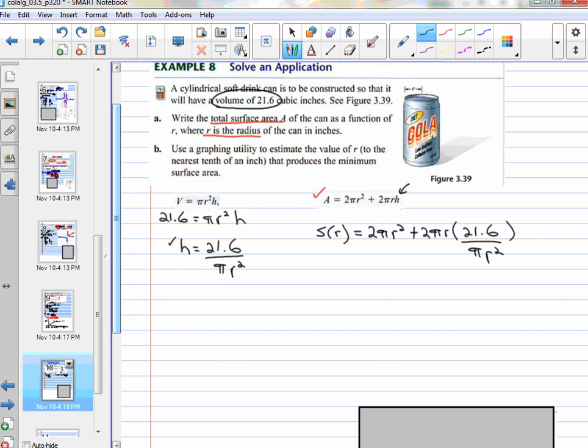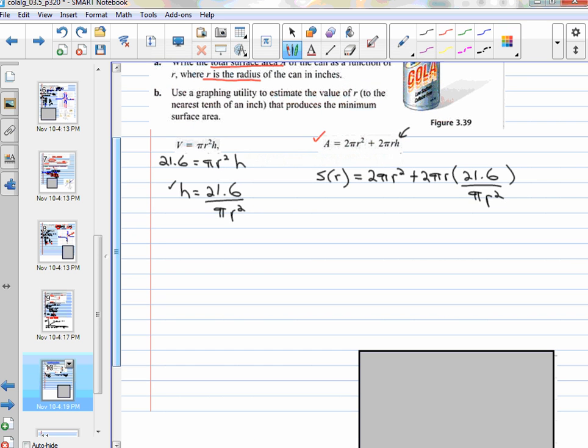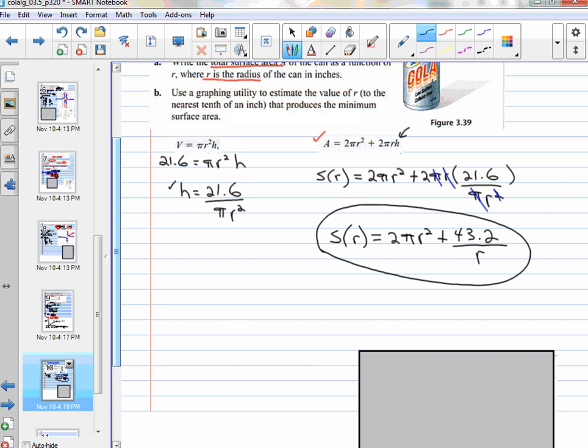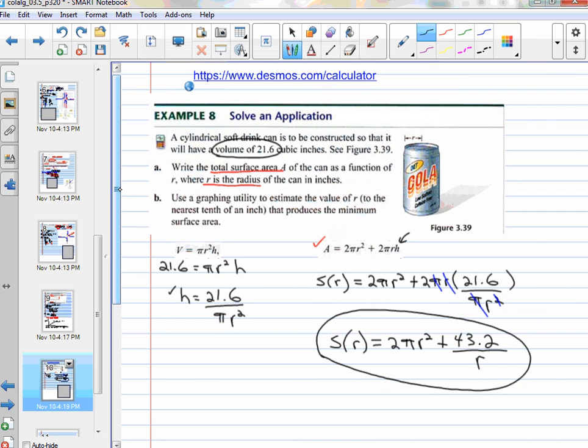And if I simplify this, I don't have any h's. Pi's cancel, one of the r's cancel. The surface area in terms of the radius is 2 pi r squared plus 2 times 21.6 is 43.2 divided by r on the bottom. There's the equation that tells me the surface area of the can if I only knew the radius.